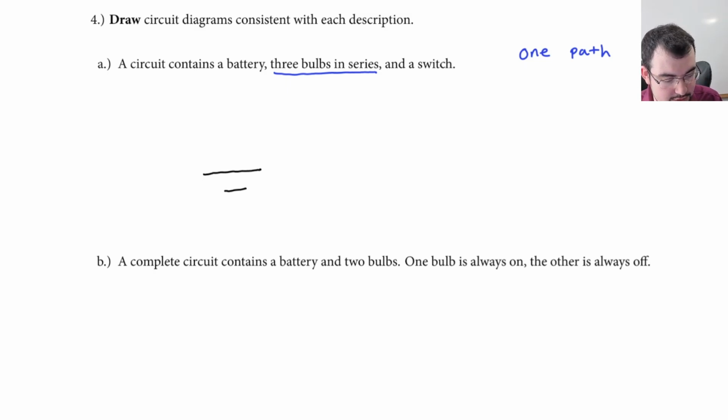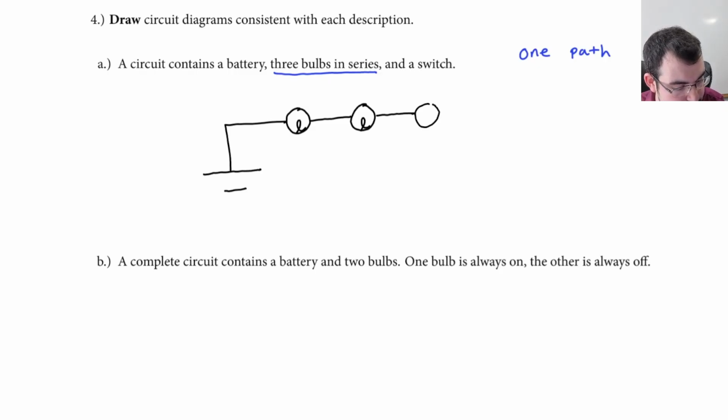So I'm trying to complete some sort of driving trip, and I want to start somewhere and come back. So we have 3 bulbs in series. So this would essentially be, we already have bulbs, so let's think of them as traffic lights. This is also how I draw my light bulbs, by the way.